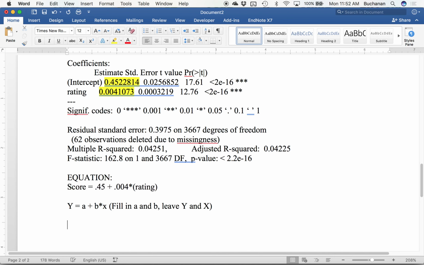So what you might see is a question that says, what would someone score if they rated themselves as getting a 70? So what I would do is say score equals 0.45 plus 0.004 times 70.